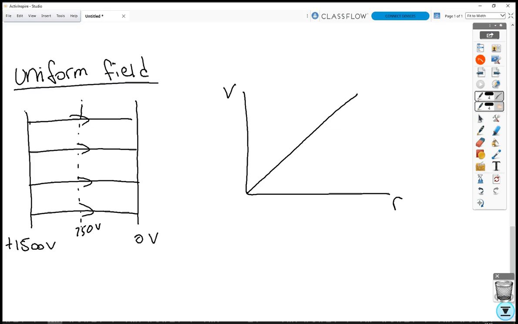But if we look at the electric field strength inside the plates, what do you notice about the electric field strength by looking at those field lines? It's always the same. The lines neither get closer together, nor do they get further apart, which basically means the field strength inside the plates is always the same.